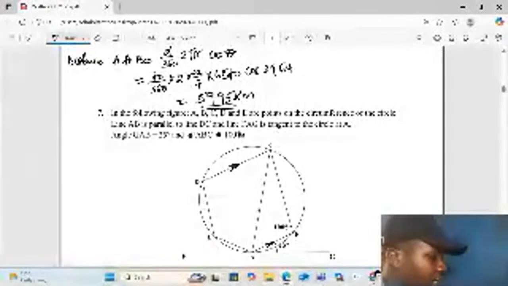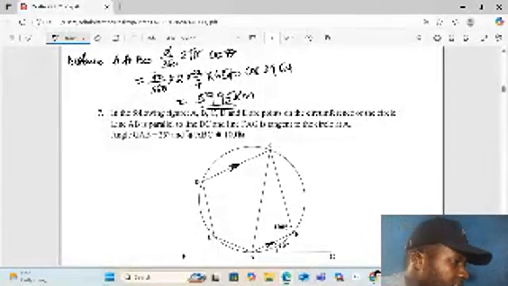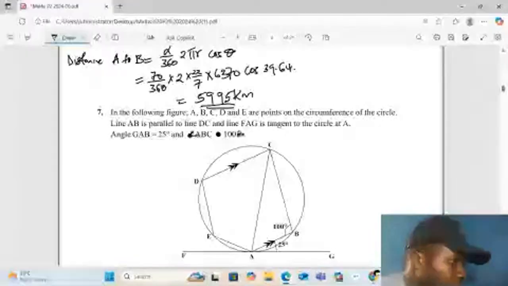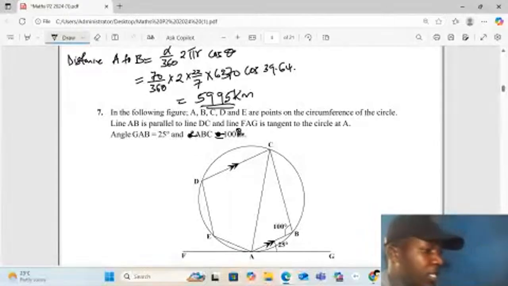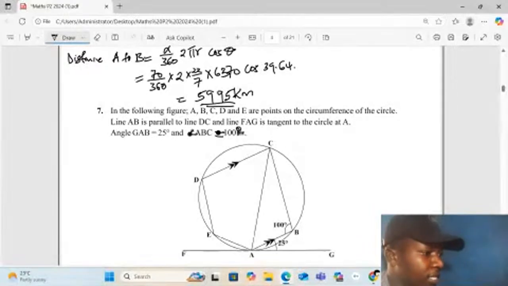Angle GAB is 25 degrees, and angle ABC is equal to 100 degrees.